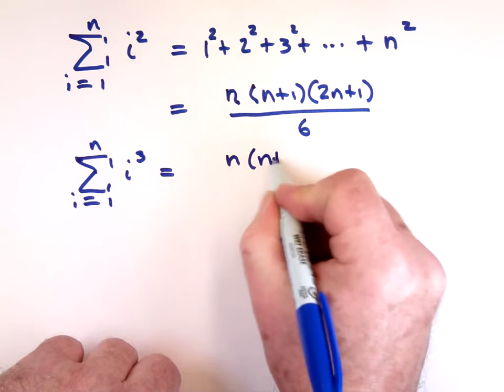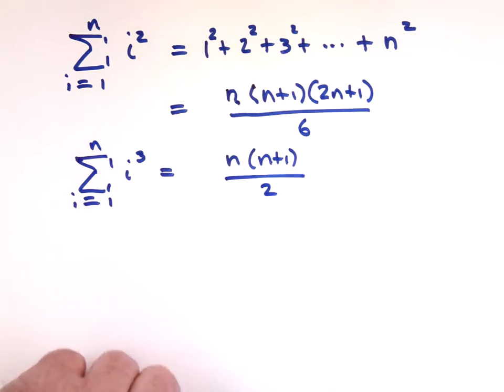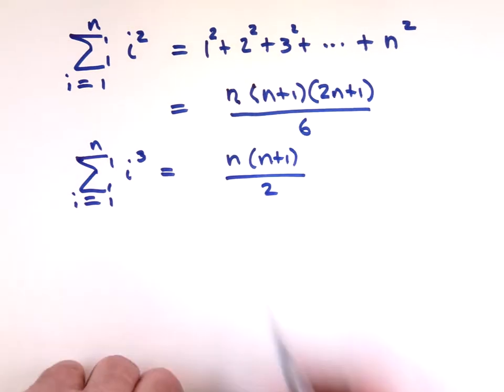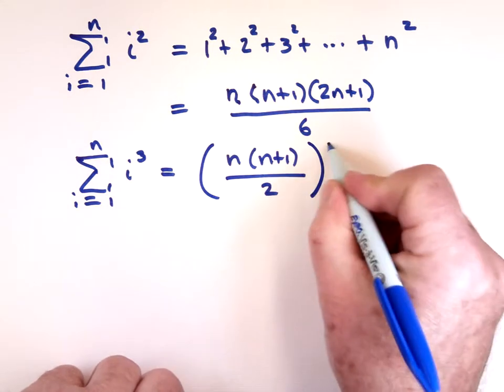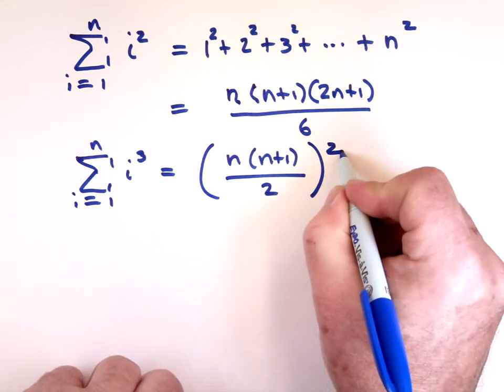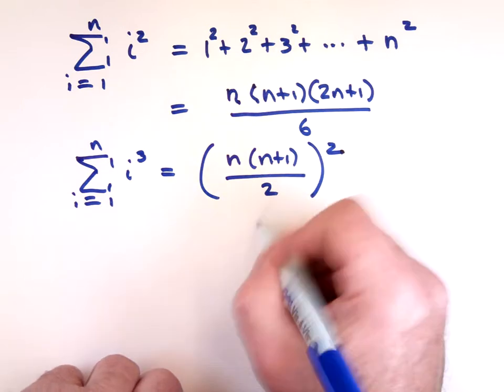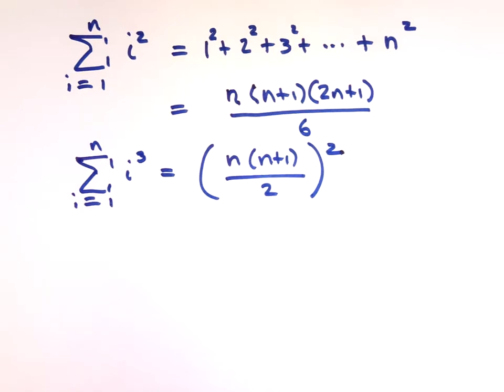The sum of the first n cubes is the sum of the first n integers, squared. Not cubed, but squared. You could also write it as n squared times n plus 1 squared over 4. Yes, you could. It's amazing that that would be the case. I was always astounded when I first saw this. Okay, but anyhow, that's what the formula is. We won't use it, but I had to show it to you anyways.